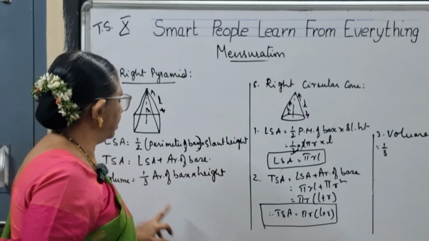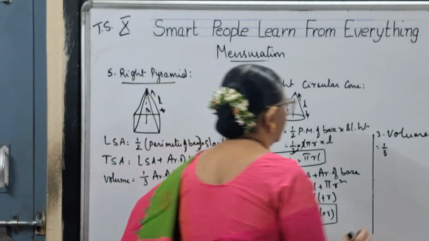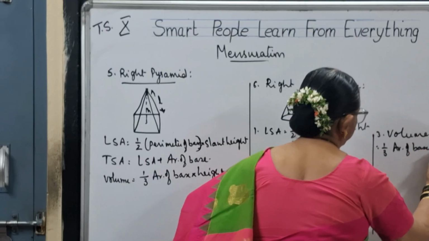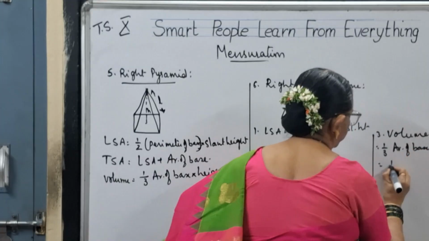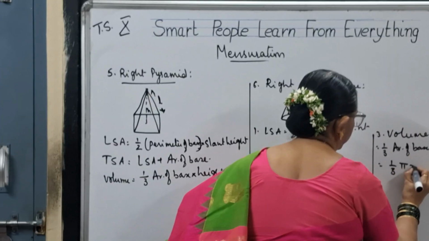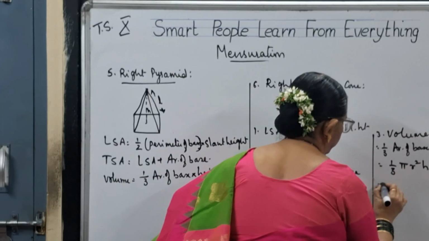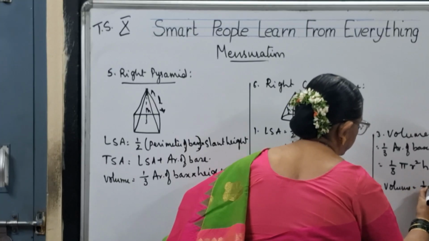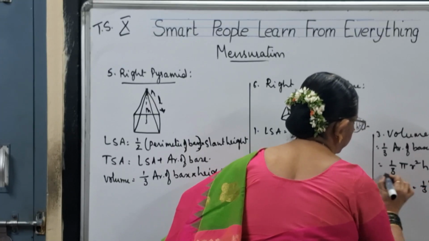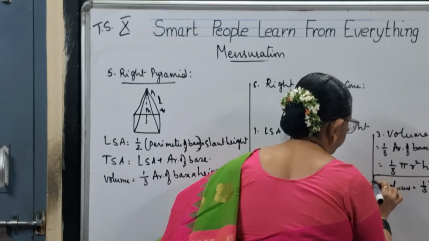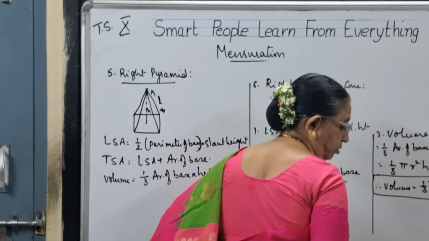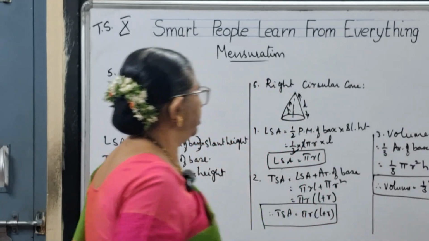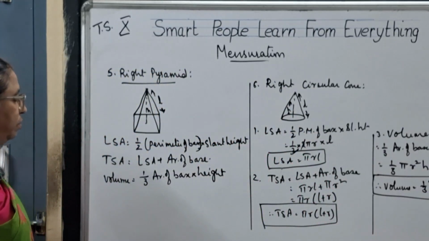You will write the same thing here. That is 1/3 pi r square h. Therefore, volume is equal to 1/3 pi r square h is the formula for volume of a right circular cone. Please note it down, children.